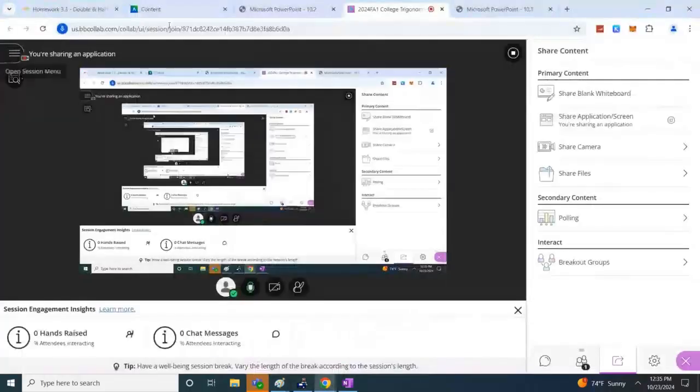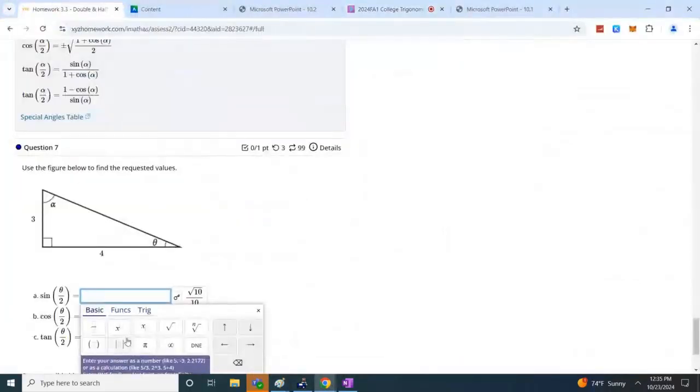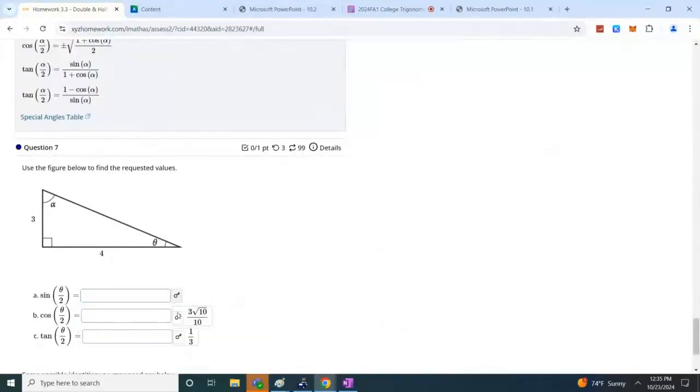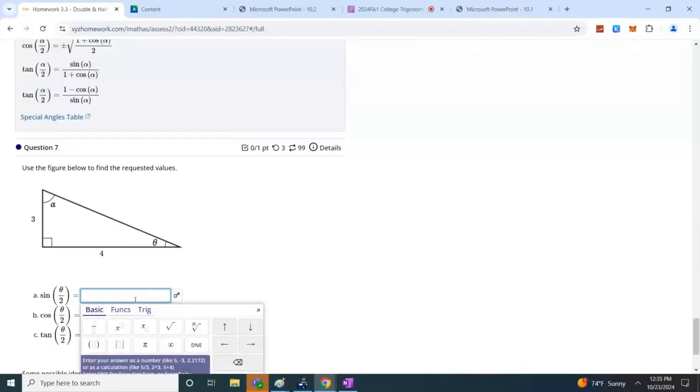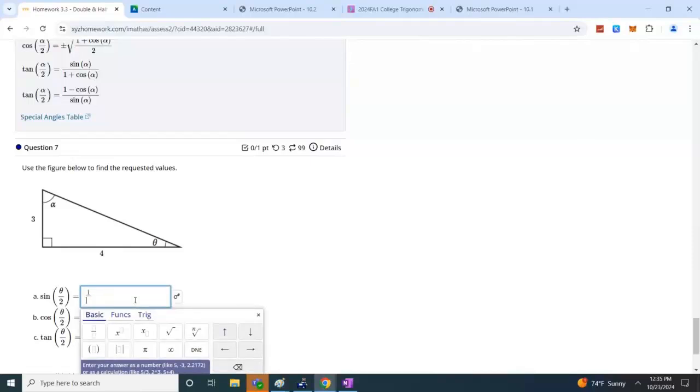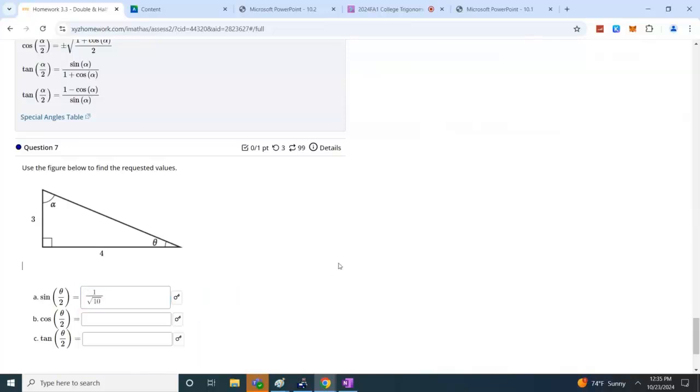Let me just close these down. 1 divided by the square root of 10. Okay, this one was just 1/3.